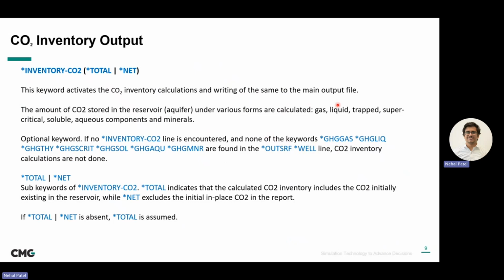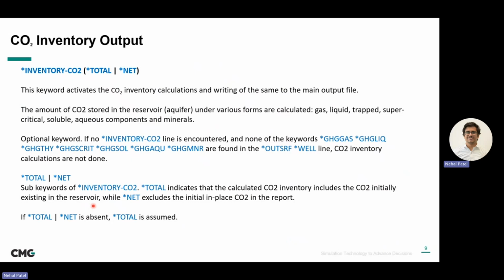In the inventory table we will see how CO2 is stored in various forms like gas, liquid, trapped, supercritical, soluble, aqueous components, and minerals. This keyword has two sub keywords, total and net. If we put in total, the CO2 inventory table will include the CO2 initially existing in the reservoir.